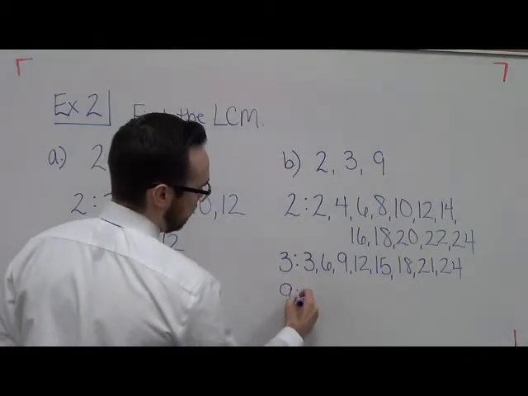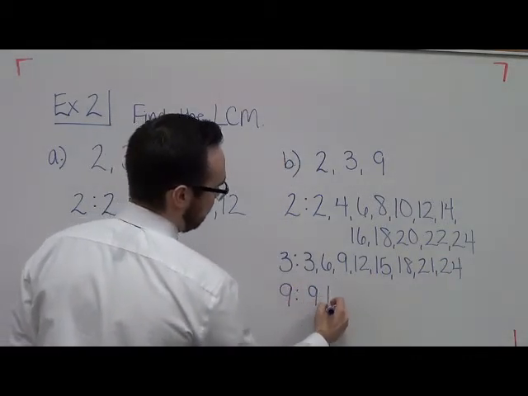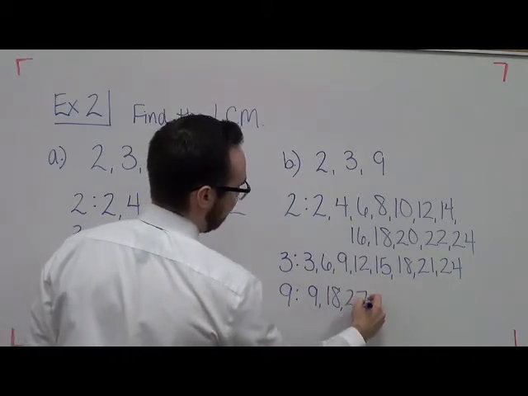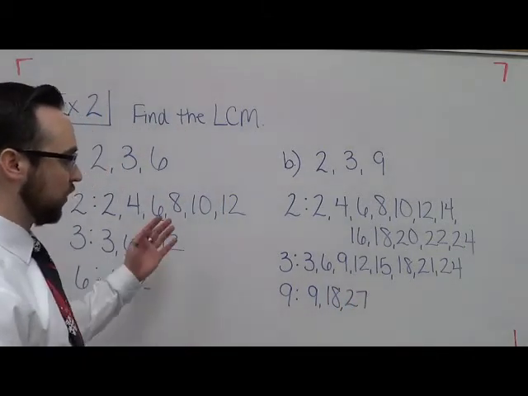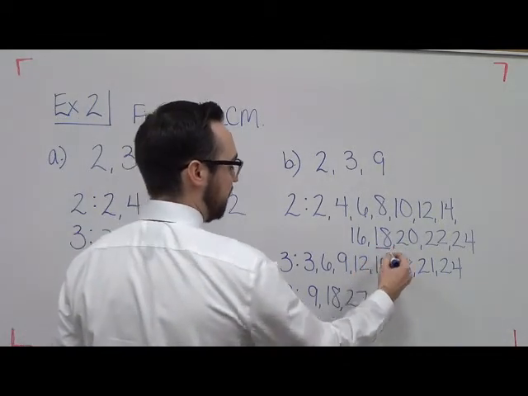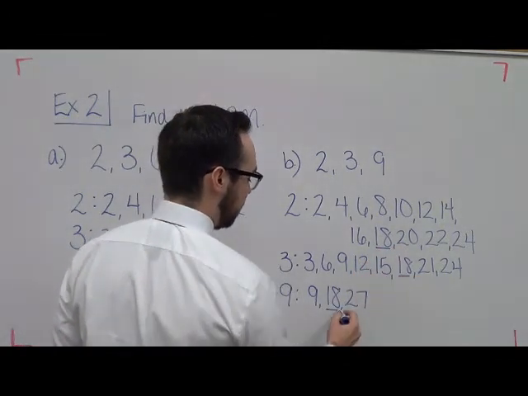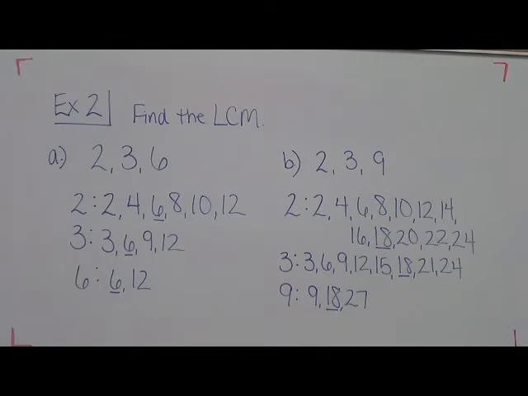And then 9 is 9, 18, 27. So as we go through and look at this, we see that there is 18 in all three lists. So the LCM between 2, 3, and 9 would be 18.